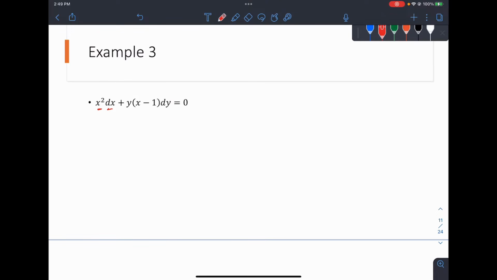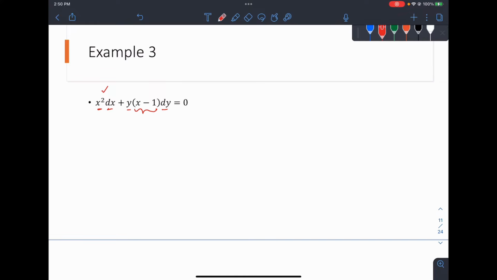So this entire function involves only a variable x multiplied with dx. But for the differential dy, we have a variable y multiplied to it. But the problem is that we have an excess of x minus 1.